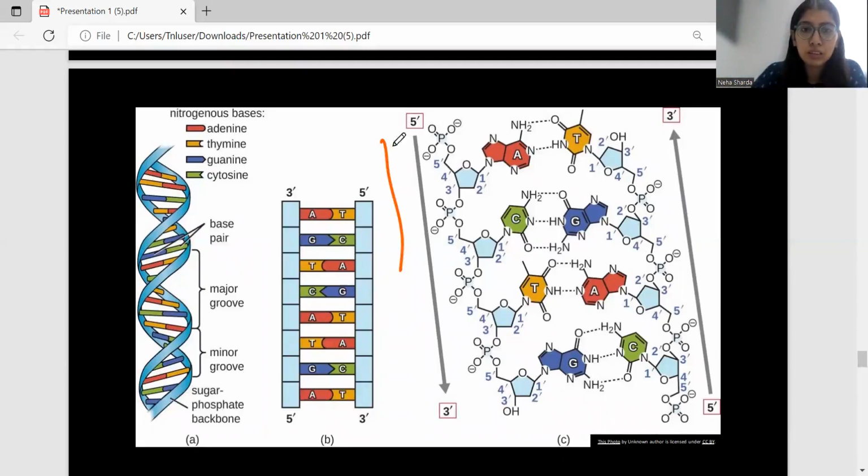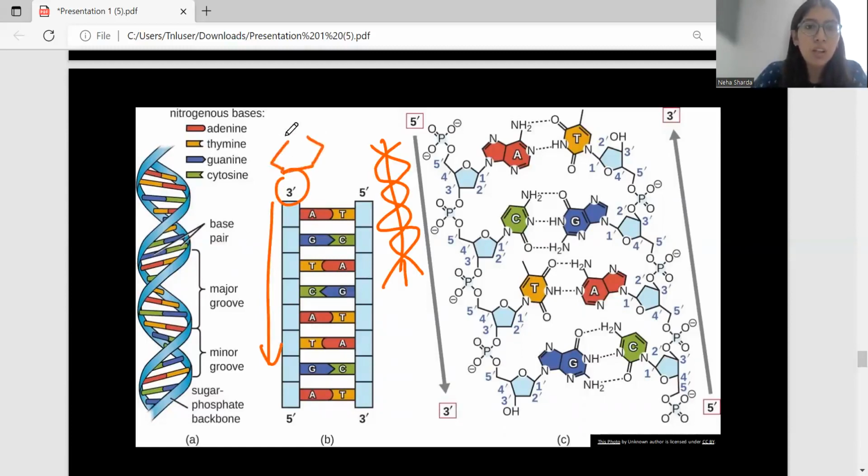form helix. These 2 polynucleotide chains will form a helical structure, and the polarity is opposite. One strand is from 3' to 5' position, means here we will have 3' hydroxyl group and here we will have 5' phosphate group.